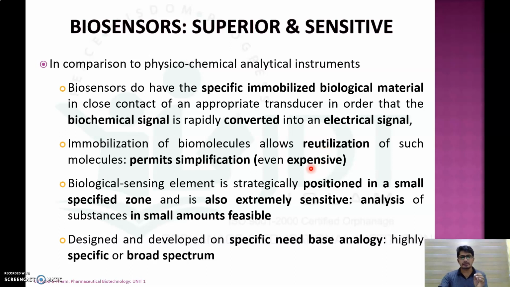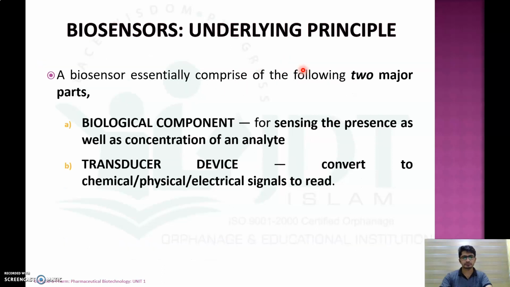Then the biological sensing element is strategically positioned in a small specific zone and is extremely sensitive. So we can analyze the substance even in a small feasible content, and it is designed and developed in a specific need-based analogy. So biosensors are specific and broad spectrum. These are the superiority and sensitivity of biosensors when compared with other physiochemical analytical instruments.